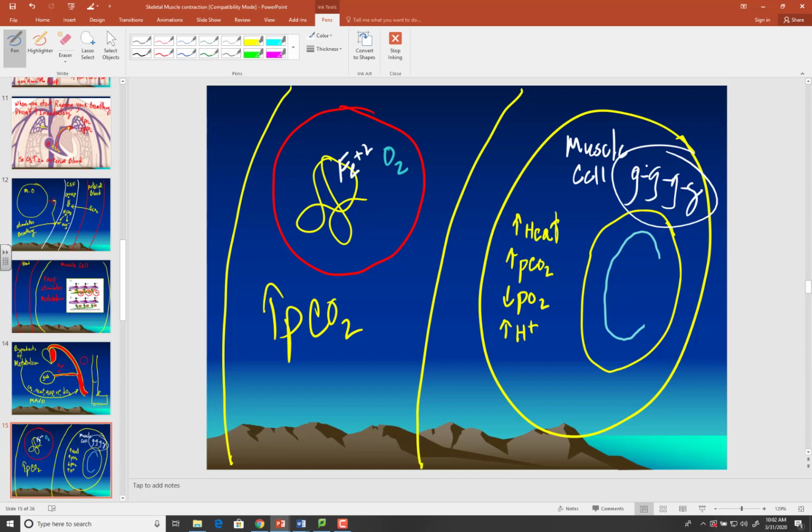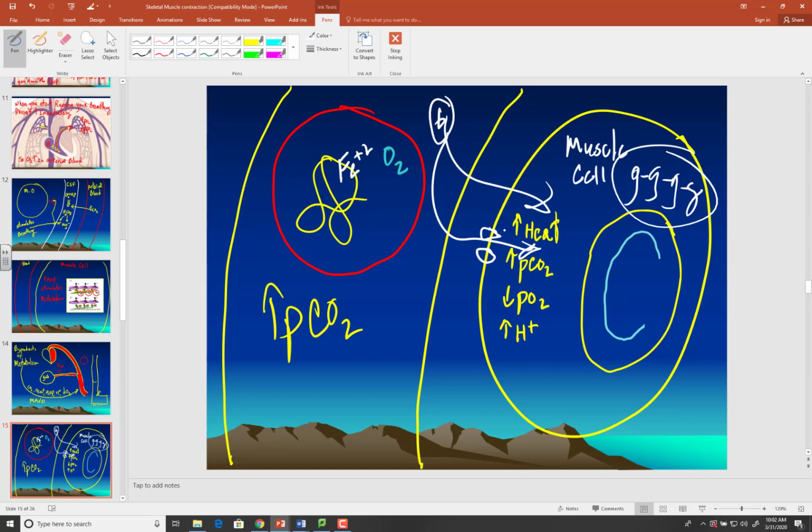One thing I didn't tell you, but now I will. Contracting muscle does not need insulin to get glucose from the blood into the cell. Boom. The contracting muscle actually activates a protein called the GLUT4 transport protein that allows glucose to go from the blood into the muscle cell when it's contracting.